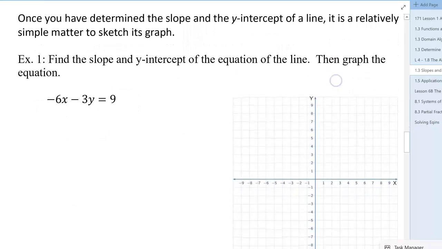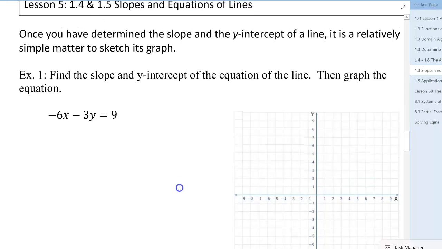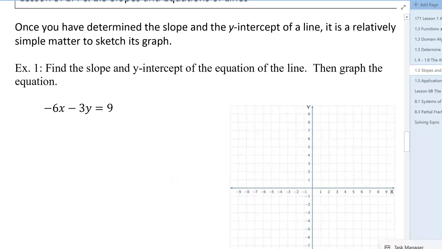Once you have determined the slope and the y-intercept of a line, it is a relatively simple matter to sketch its graph. But first, we may have to put the line in slope-intercept form, and to do that, you have to solve it for y. So let's make a note up here.